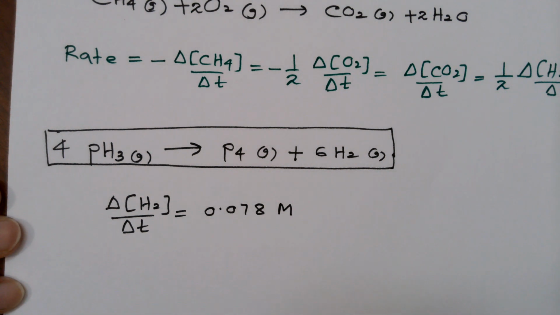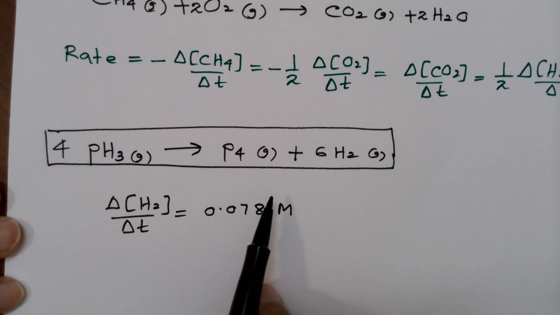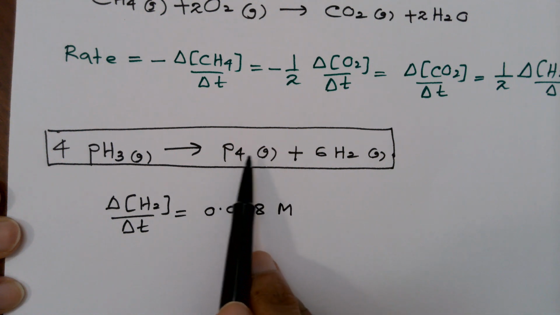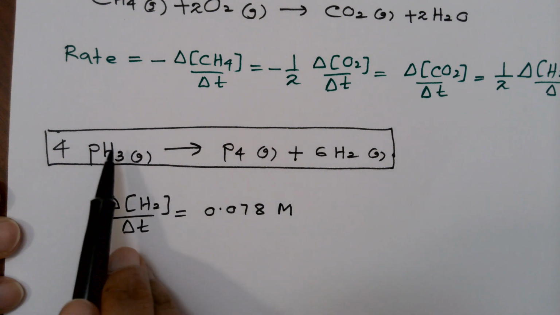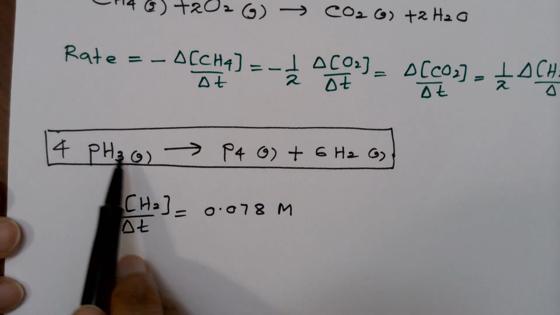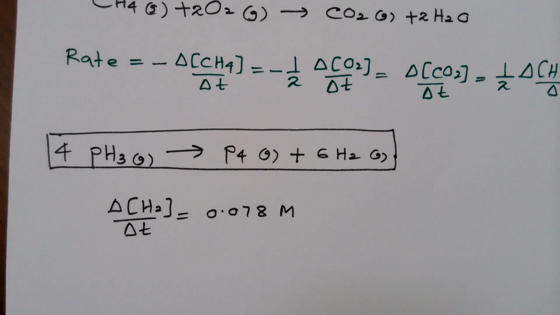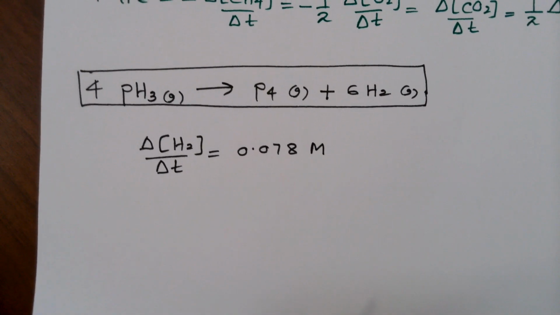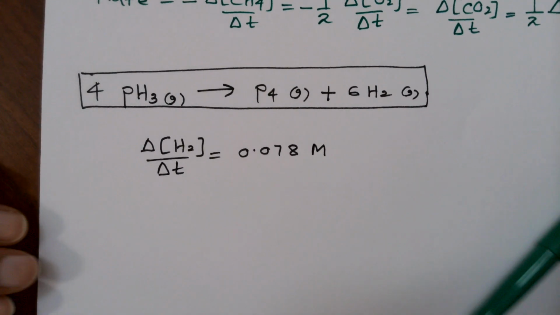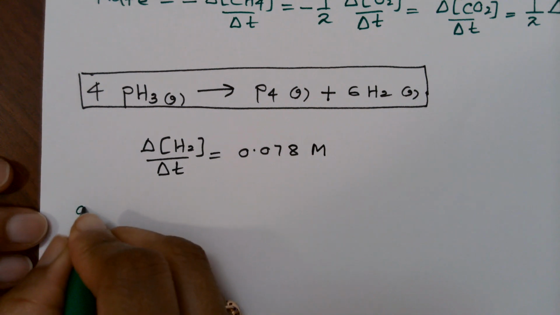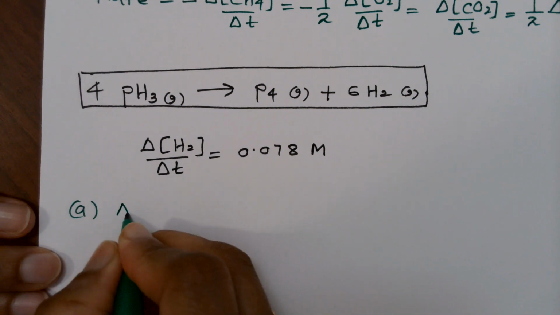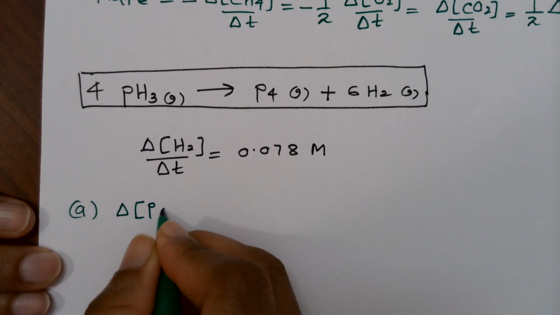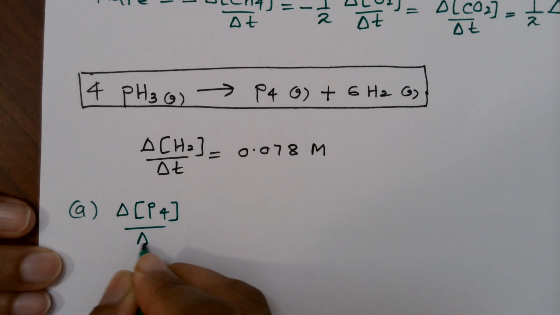Now we need to calculate what is the rate of appearance of P4, that is part A, and part B is what is the rate of disappearance of phosphine PH3. So let's calculate first part A.